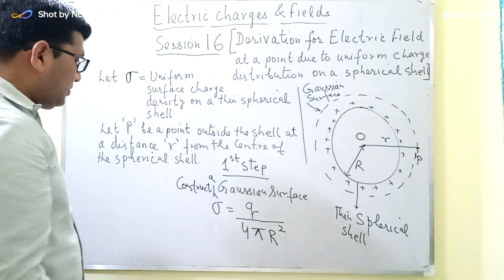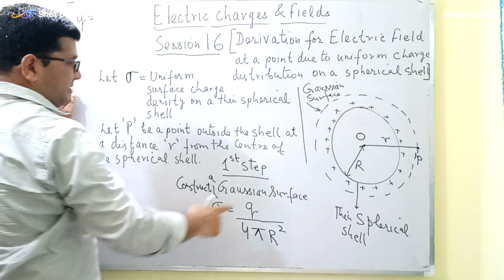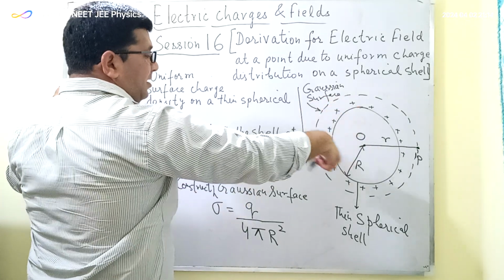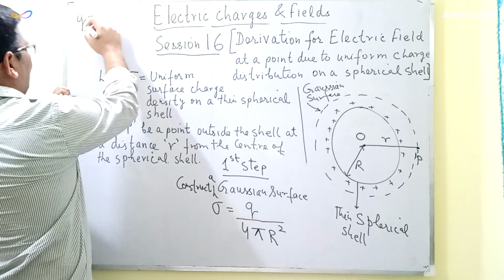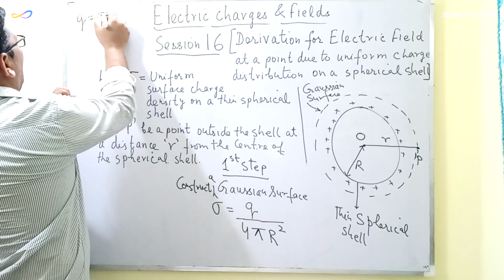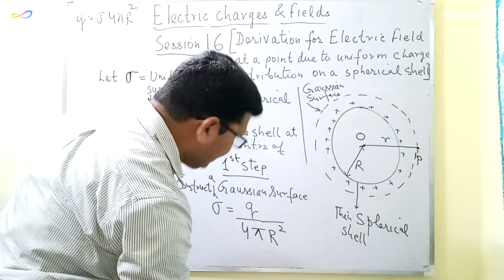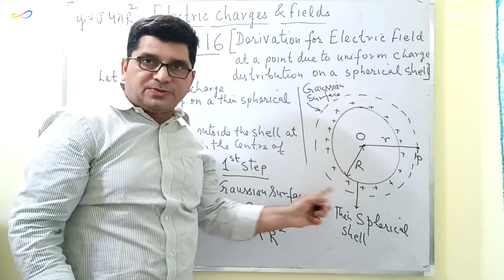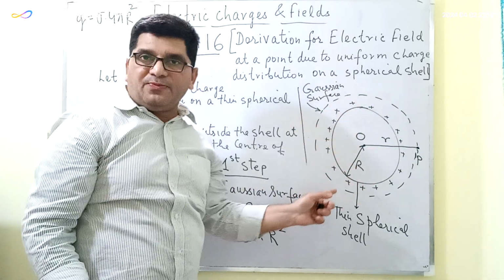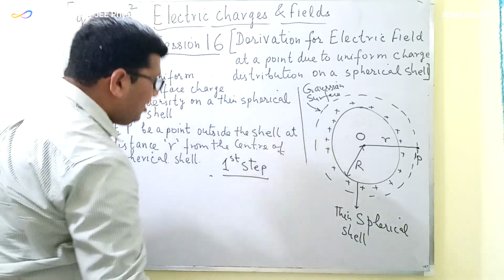So from here, the total charge distributed on the outer side of this thin spherical shell is equal to sigma into 4 pi R square, and this is the amount of charge which is enclosed within this Gaussian surface.